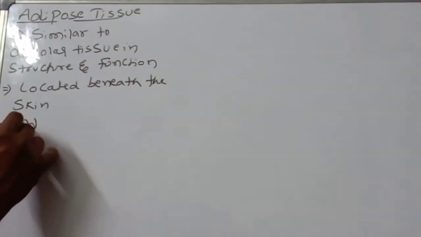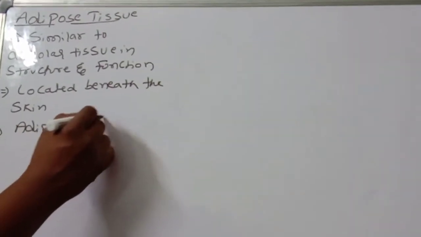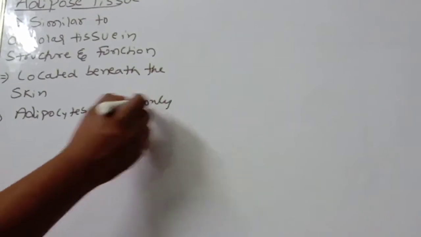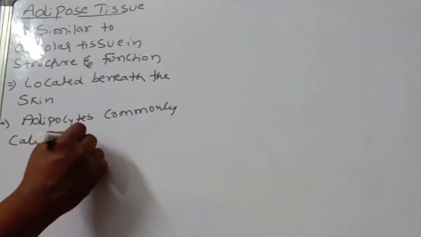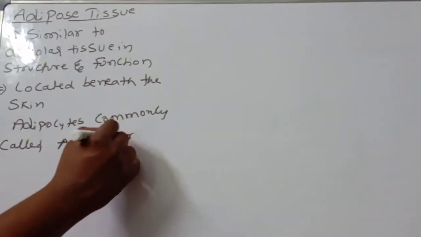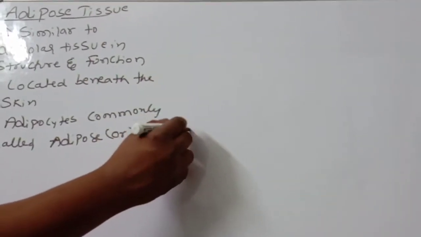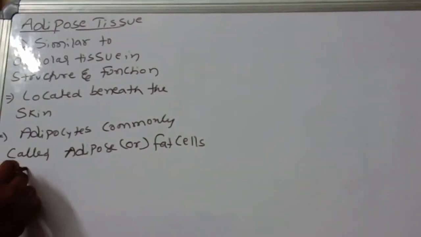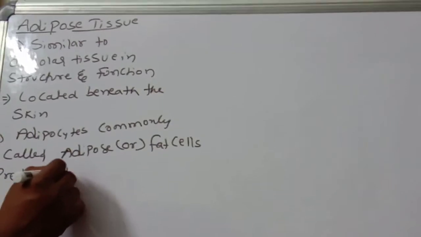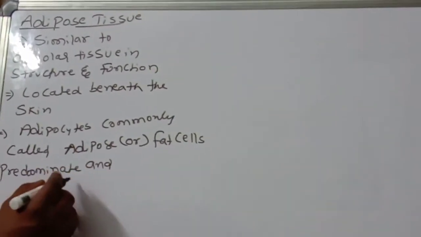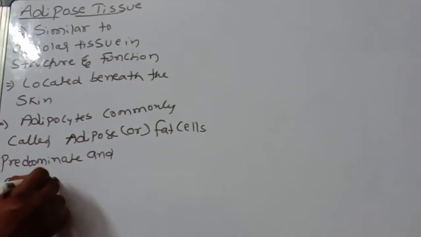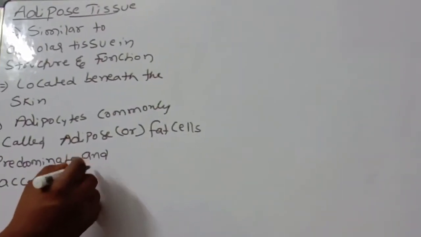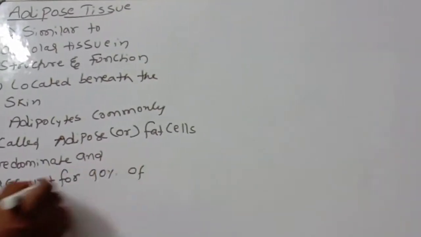Next one, adipocytes, commonly called adipose or fat cells, are predominant and account for 90% of the tissue mass.